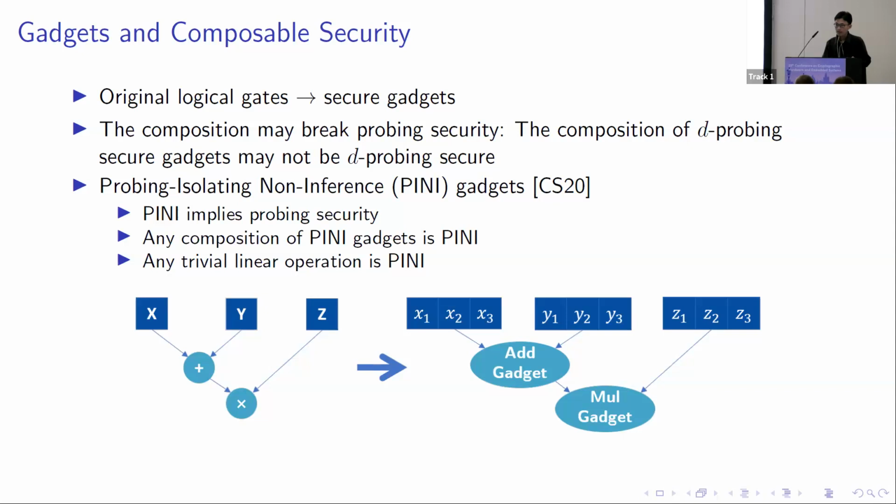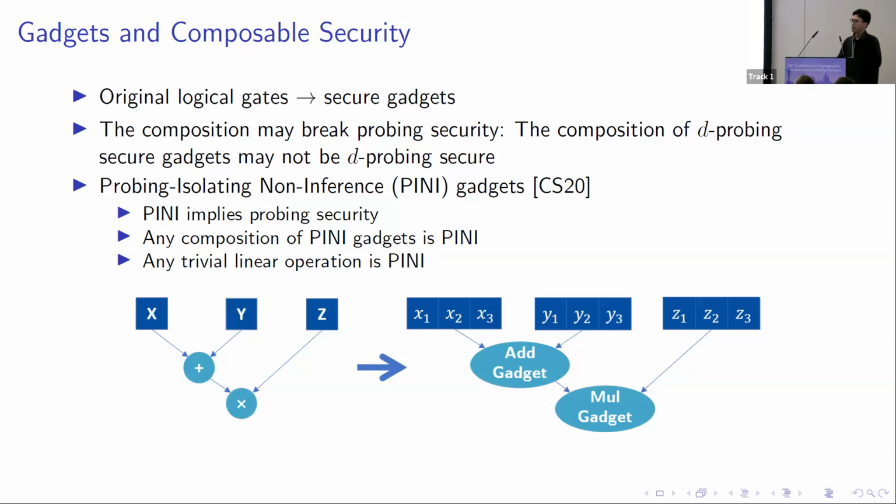But luckily, we can rely on several security notions that support the deduction from small gadgets to the complete circuit. One of these security notions is called probe-isolating non-interference, or PINI for short.